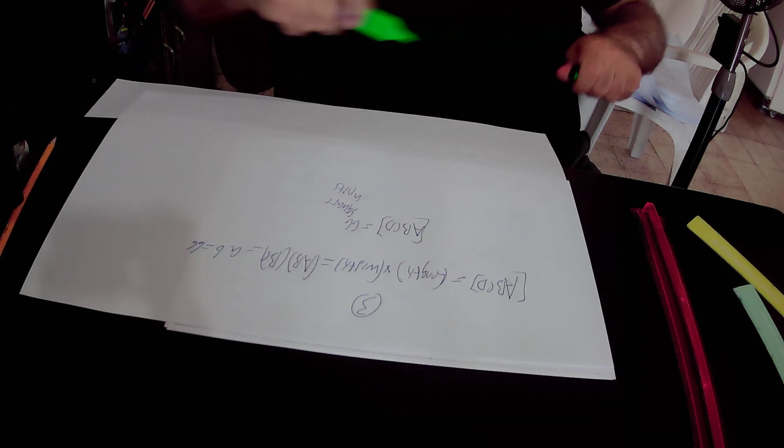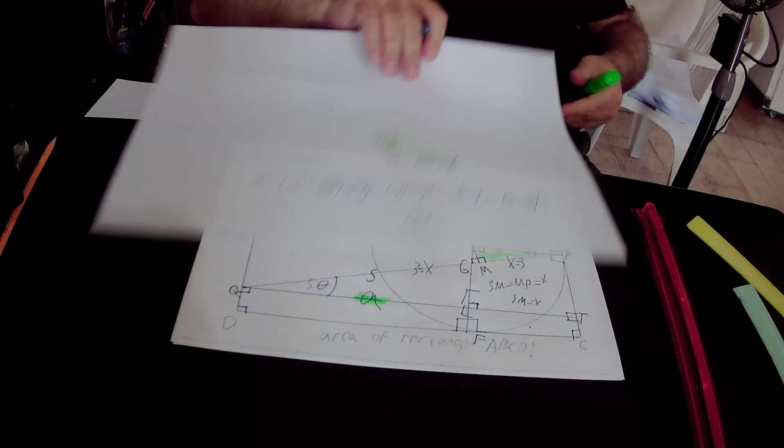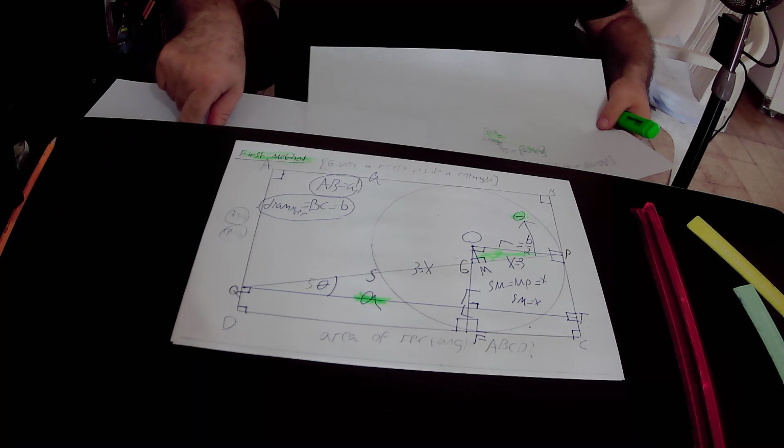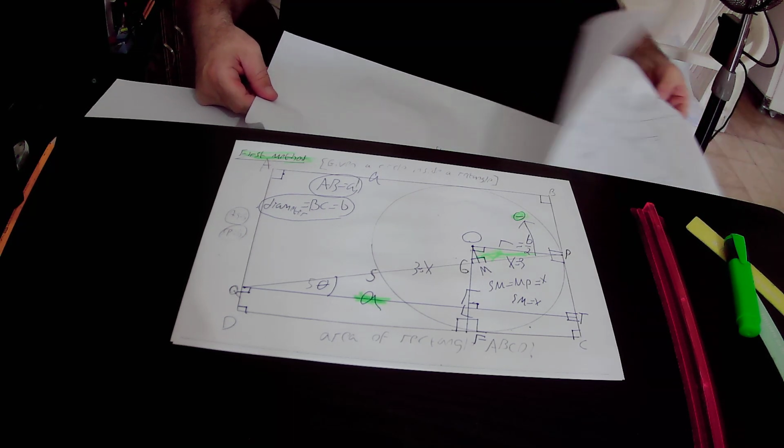In the next step, I present to you how to find the area of rectangle ABCD according to the second method.